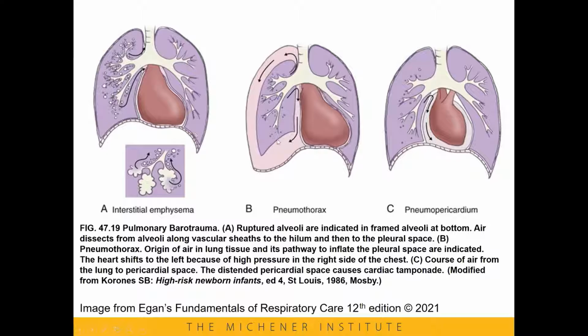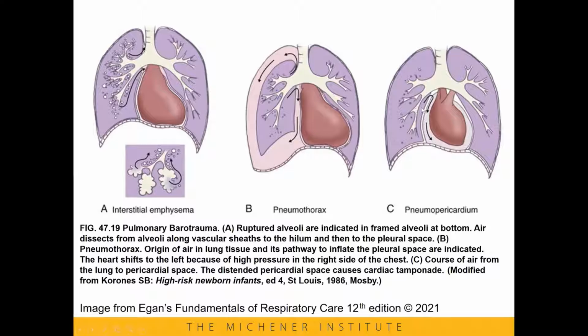Then we have our pneumothorax, which is where gas is filling the pleural space, the space between the lung and the chest wall, and it can start to compress the lung and affect the ventilation. Again, I have another slide that talks in more detail about pneumothorax.